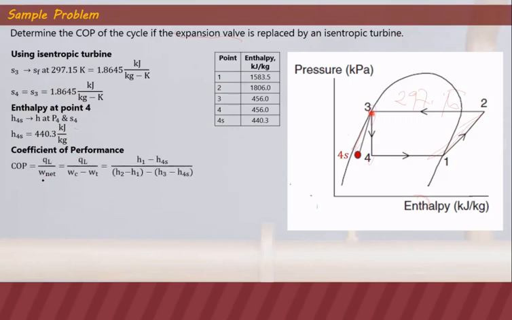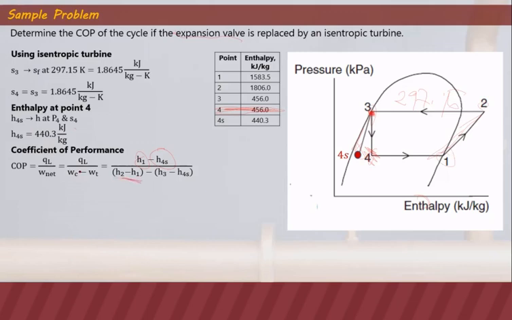That can be computed as COP equals QL over net work. QL is now, instead of using H4, H1 minus H4s, because the old value is no longer true. We already have points 1, 3, and 4s. This point 4 is no longer what we are going to use, because again we have an isentropic turbine. For the work of the compressor, that is just the same, H2 minus H1.